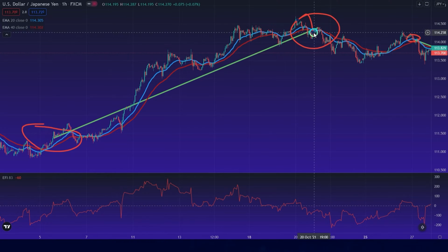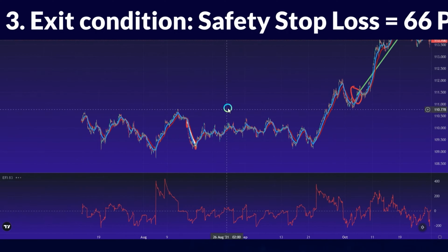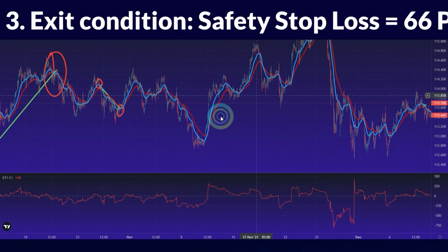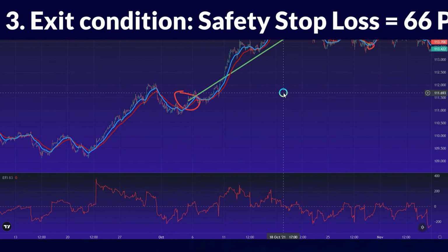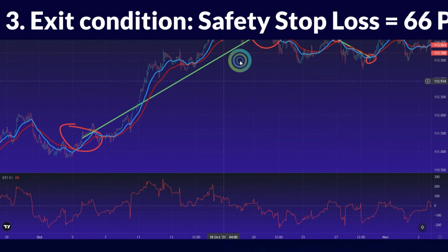It is important to note that it doesn't mean that if the cross doesn't happen, then you will hold the trade forever, because we have a third condition, and that is the safety stop loss. The safety stop loss gives us the good risk to reward ratio, because we have a 66 pip safety stop loss, and we have with this safety stop loss a more than 1-to-1 risk to reward ratio.